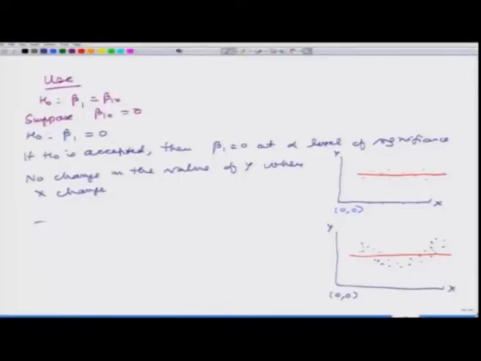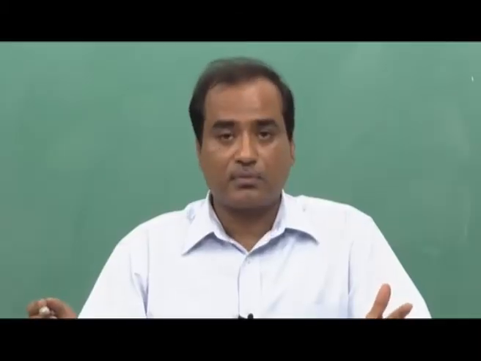So, in this case I can say here in simple words, the true relationship between x and y is not linear, right. In either of the cases, H naught: beta 1 equal to 0 is indicating the true situation.